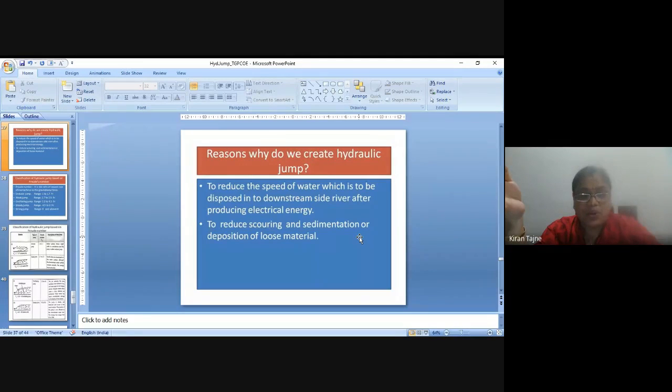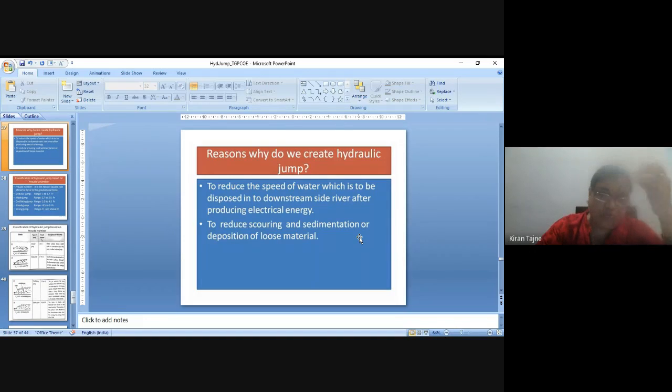So to avoid the scouring, or the erosion of soil, we have to reduce the velocity of water and then dispose of it. We have to reduce the velocity of water and then we can dispose of that water on the downstream side.